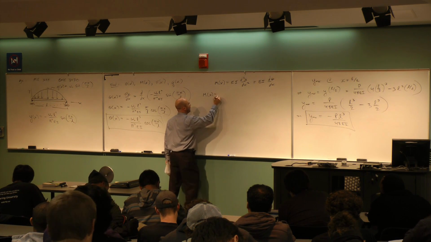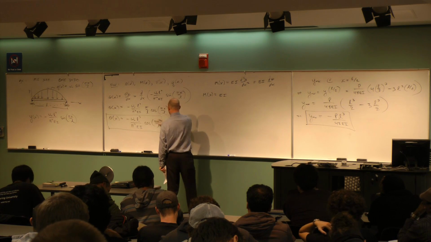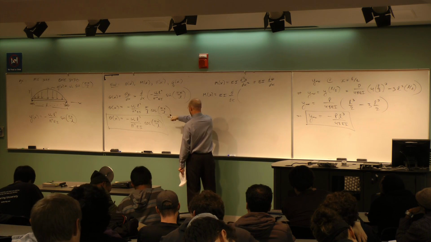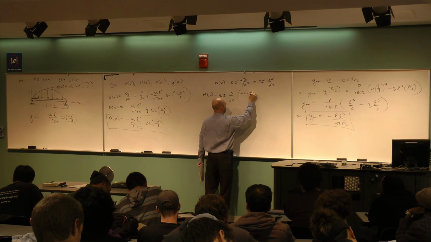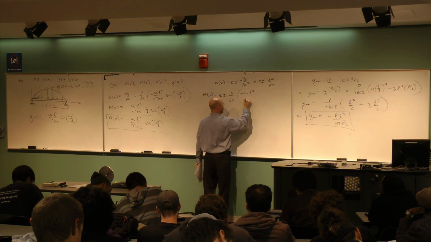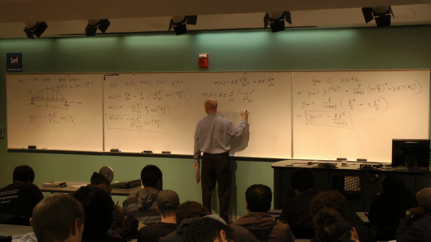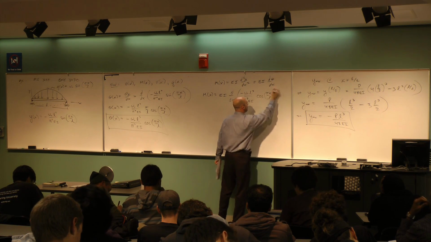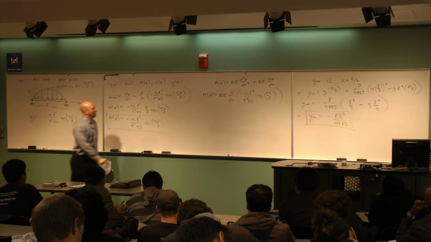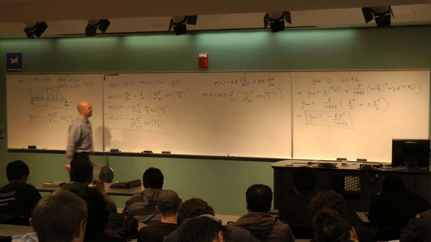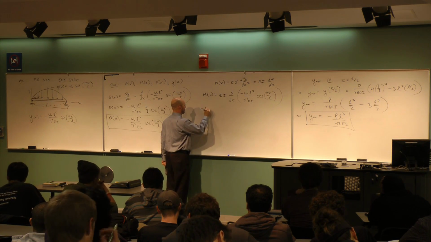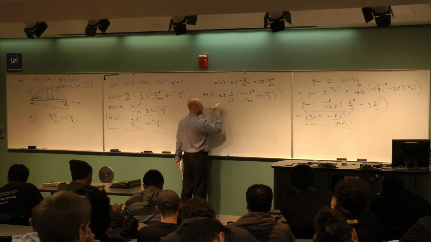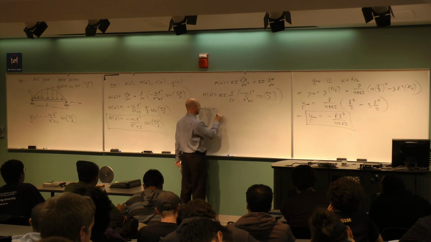So M of x, I've got to put the EI in front now, and I start with this times the derivative with respect to x of all of that, minus w naught L cubed divided by pi cubed EI, times the cosine pi x divided by L. What do I do with the letters out in front there? So this EI stays. These letters come out front. What happens to the EI? Cancels out.